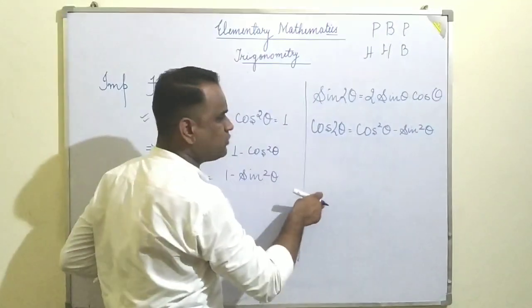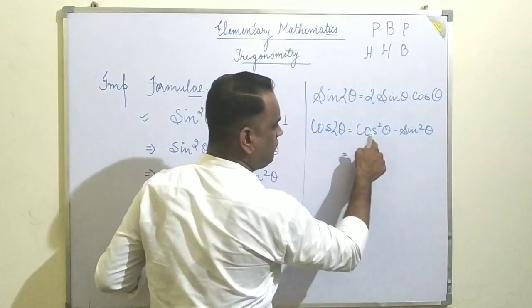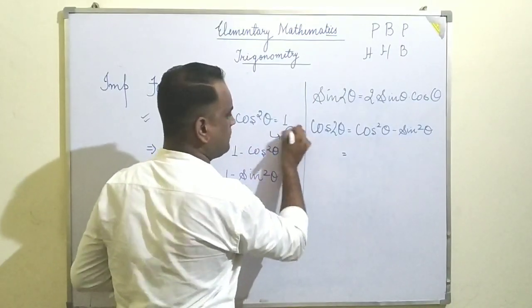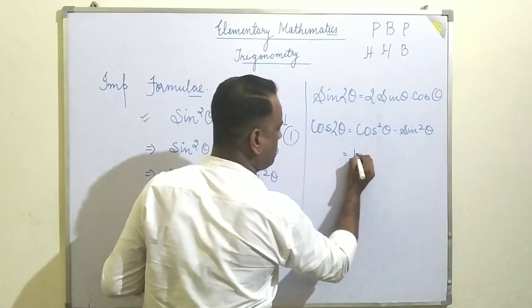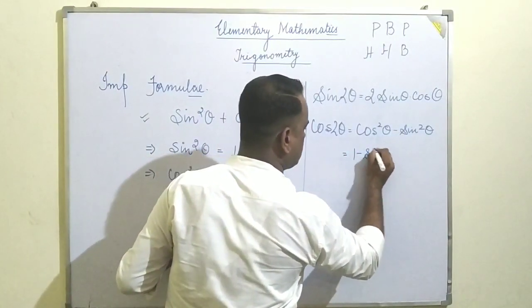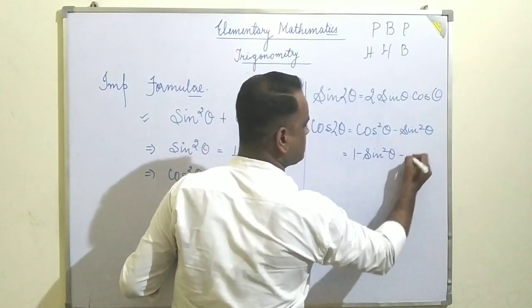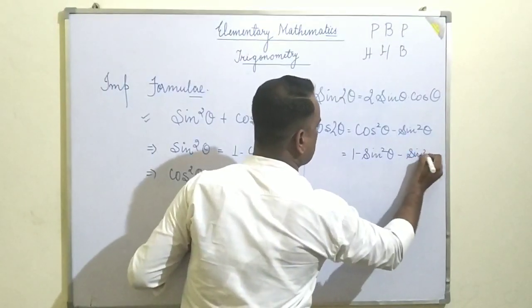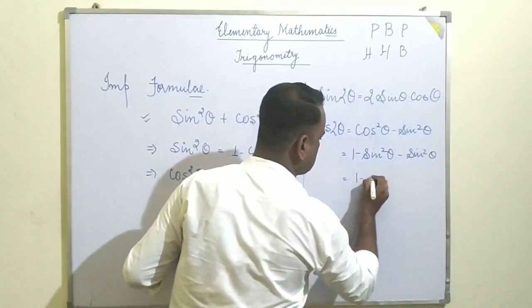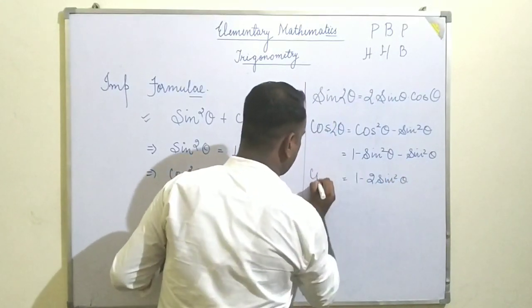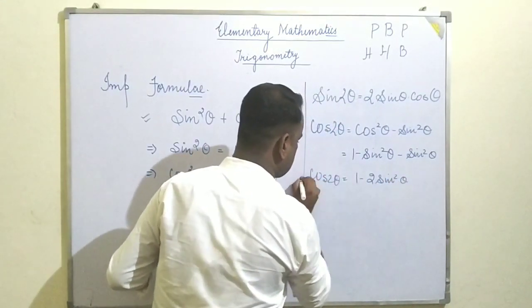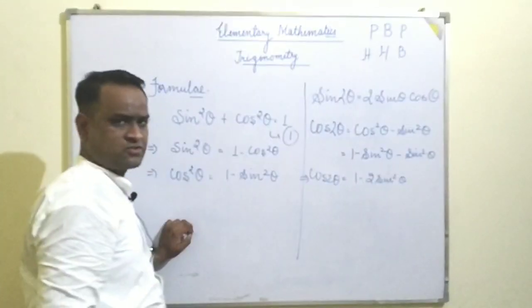Using equation number 1, cos square theta is equal to 1 minus sin square theta. Putting that value, we get 1 minus 2 sin square theta. So we get one more formula: cos 2 theta is equal to 1 minus 2 sin square theta.